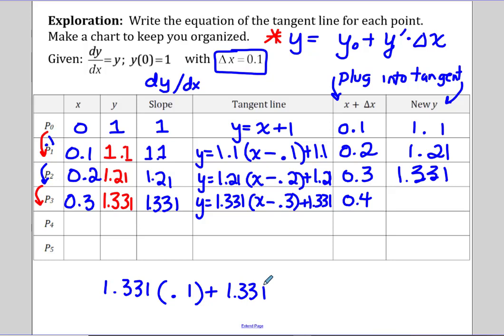And using our calculator, our new value is 1.4641.